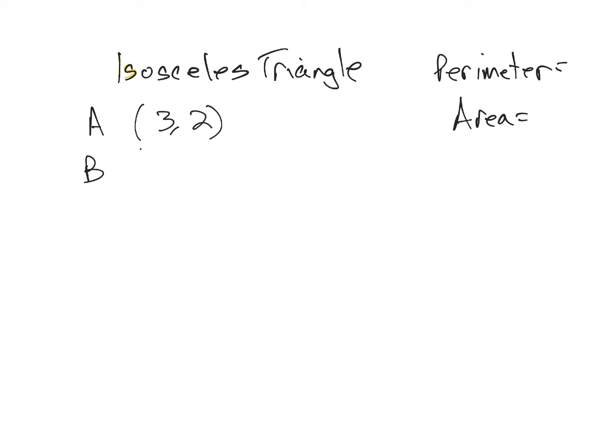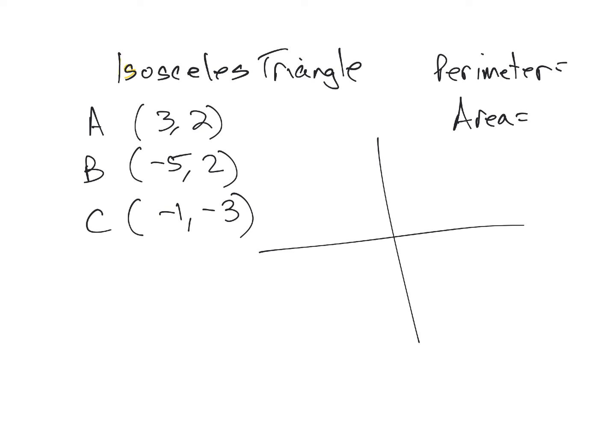Point B is at -5, 2. And point C is at -1, -3. Okay. 1, 2, 3, 1, 2. 1, 2, 3, 4, 5, 2. And -1, -3.